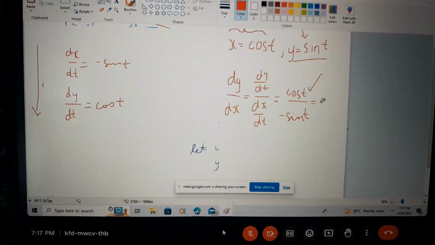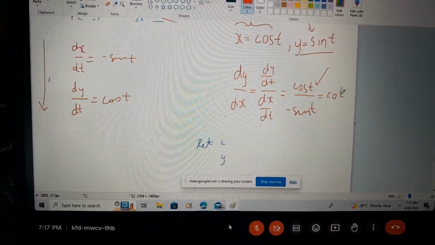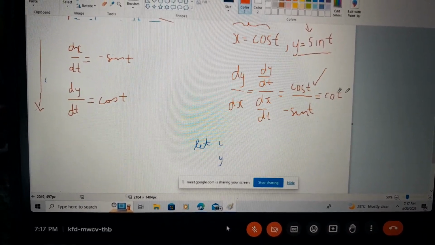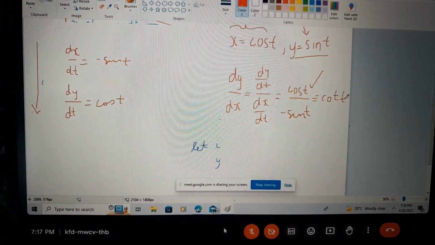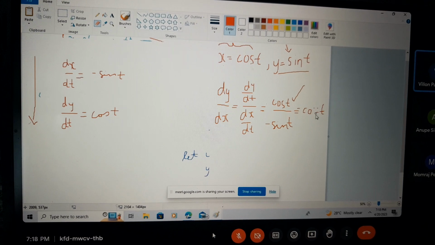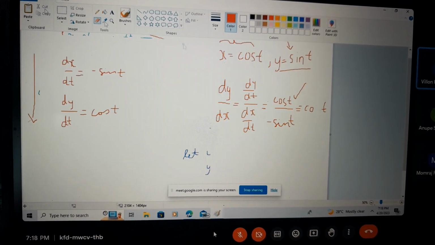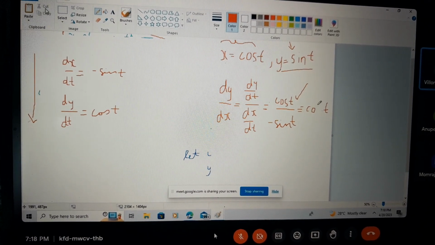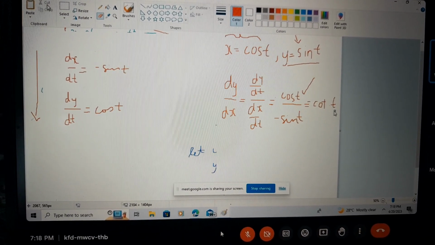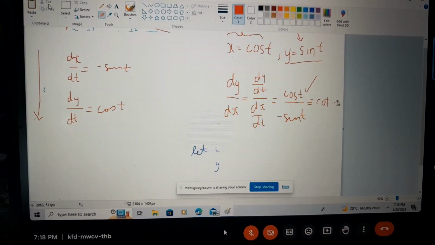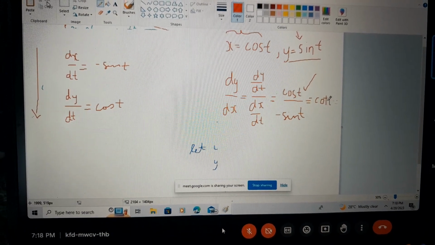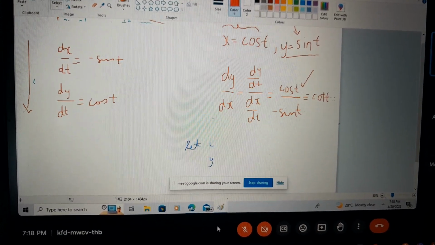And because we're dividing by a negative, it will be a negative cot t. That's our answer. That's the derivative of the parametric equation. Any question concerning this?